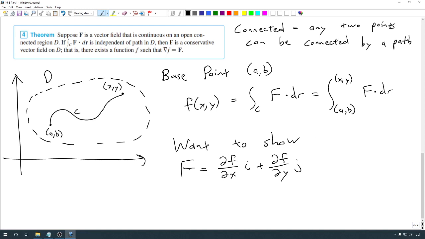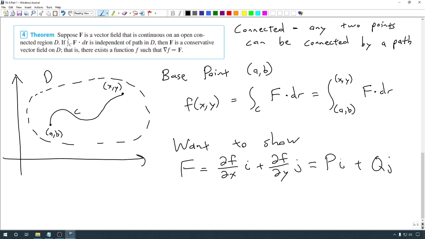So the components of capital F have to be those partial derivatives. Now I'm going to label the components of F as p and q. So I'm wanting to show that p is the derivative of f with respect to x, and that q is the derivative of f with respect to y.